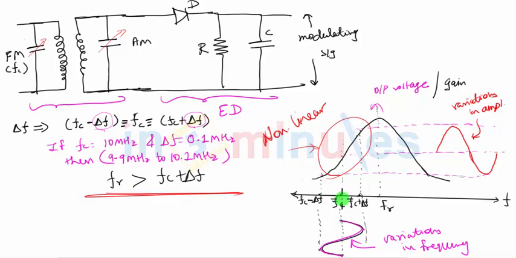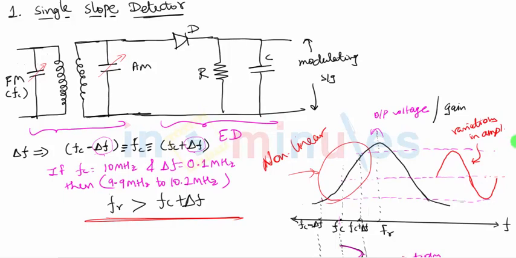So we need something in which this non-linearity can be reduced and the conversion from FM to AM can be made much more linear. Now for that we will go to the second FM demodulator, which will be called double slope detector, because in that case, instead of using one bandpass filter or one tuning circuit, we will use two tuning circuits together, and with two tuning circuits will come into picture two different slopes, and the arrangement will be such that two non-linear slopes will be used to convert it into more linear equivalent slope.